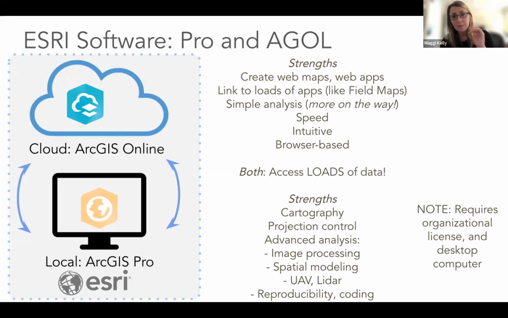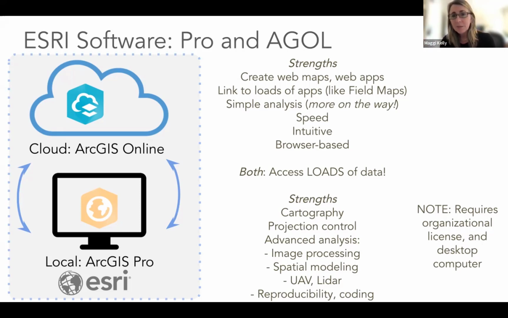So the strengths of ArcGIS Online, and we're not really going to focus on that today, but we do have workshops that do focus on ArcGIS Online. It's a great way to create web maps, web apps. You can load tons of apps. There's an app universe in Esri that blows the mind, including things like Field Maps. So you can take data from your phone and bring it up into the web.